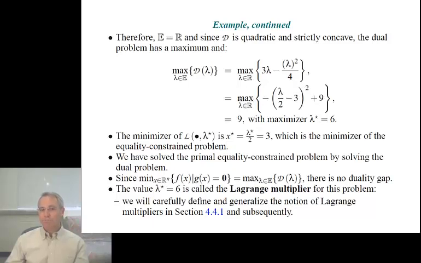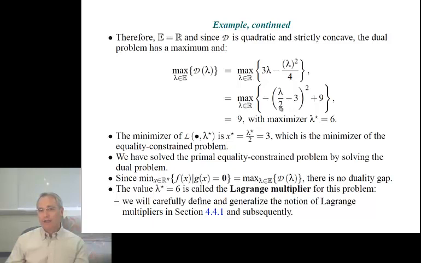This time I'm trying to maximize the dual function, and I've got minus the square of a number. The largest that minus a square of a real number can be is 0, and so if I can set the term inside the large parenthesis equal to 0, I will have found the maximum value that this term can take on.